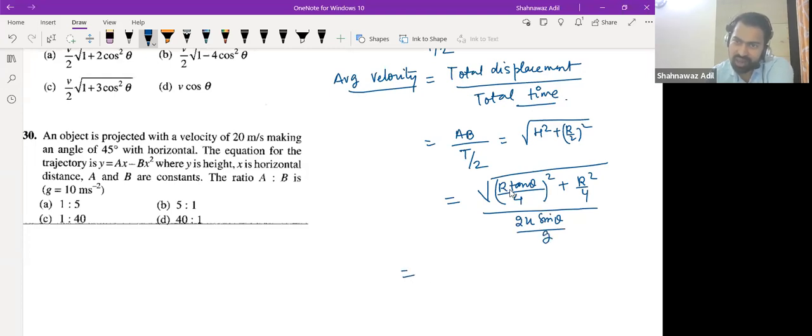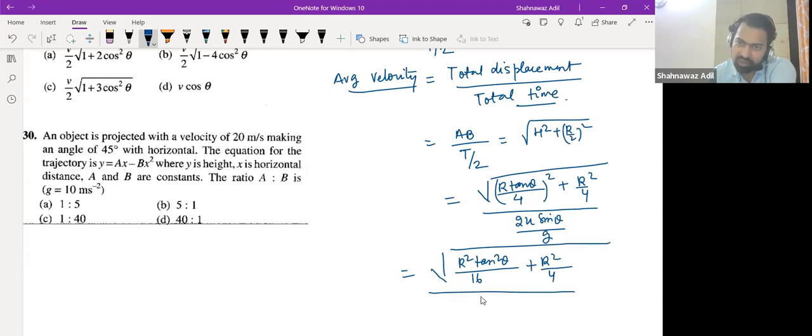So now this r is common, and this 2 is also common, so let me write it first and simplify this. This is root of r square tan square theta by 16 plus r square by 4, divided by 2u sine theta by g.